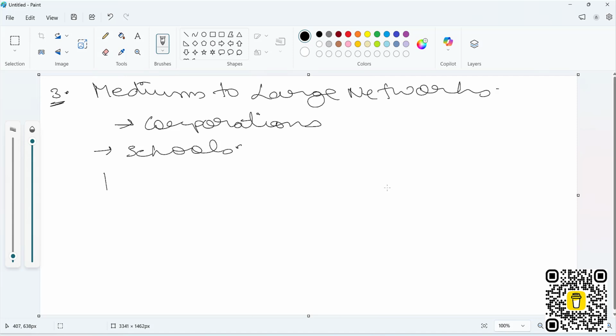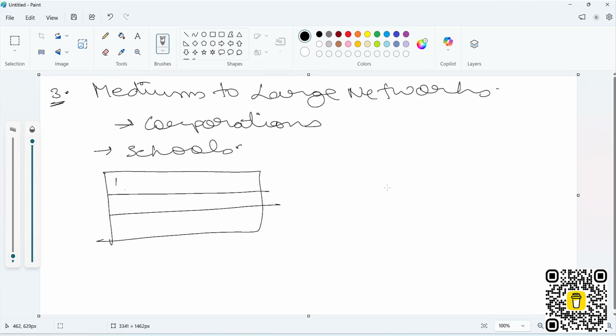Let's suppose we have 3 floors in an office. There are some PCs connected, or some employees who are going to sit over here, then some employees who are going to sit over here as well: floor 1, floor 2, floor 3. Let's suppose they want to keep the server over here, with secured access.